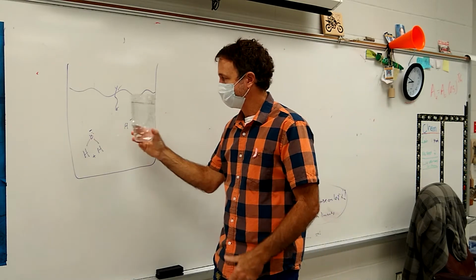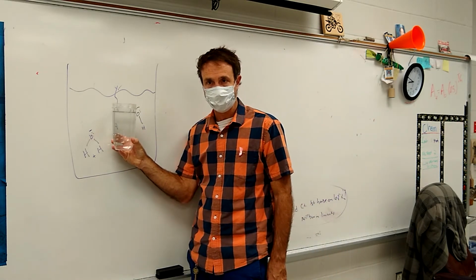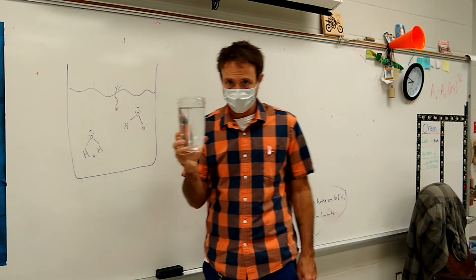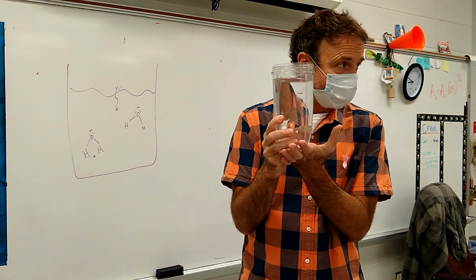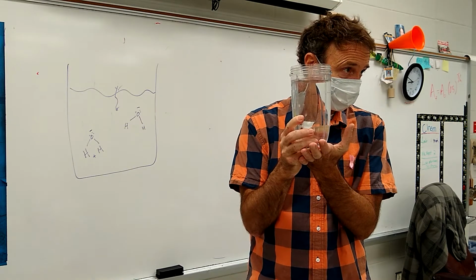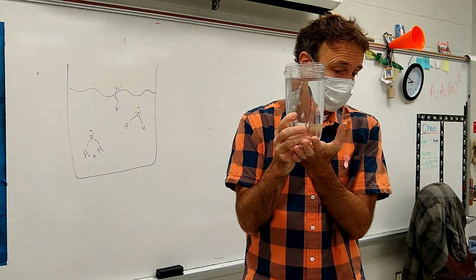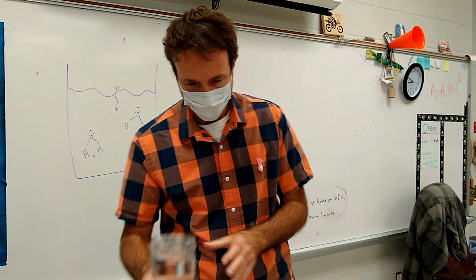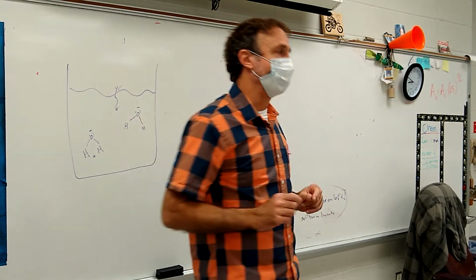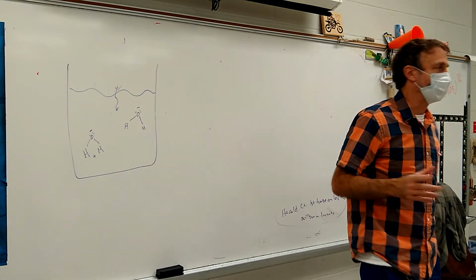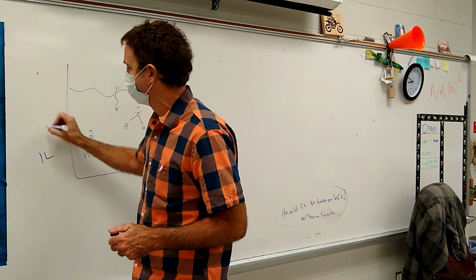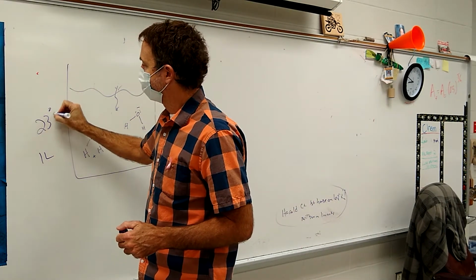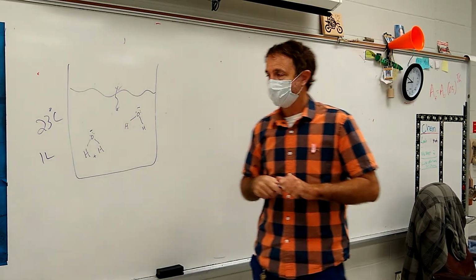So this is this little purple thing that I've drawn here, right? Okay. When we look at this water, it looks like nothing's happening. But that's not true. In reality, if we're talking about room temperature water, we'll just say this is 1 liter of water at 23 degrees Celsius.